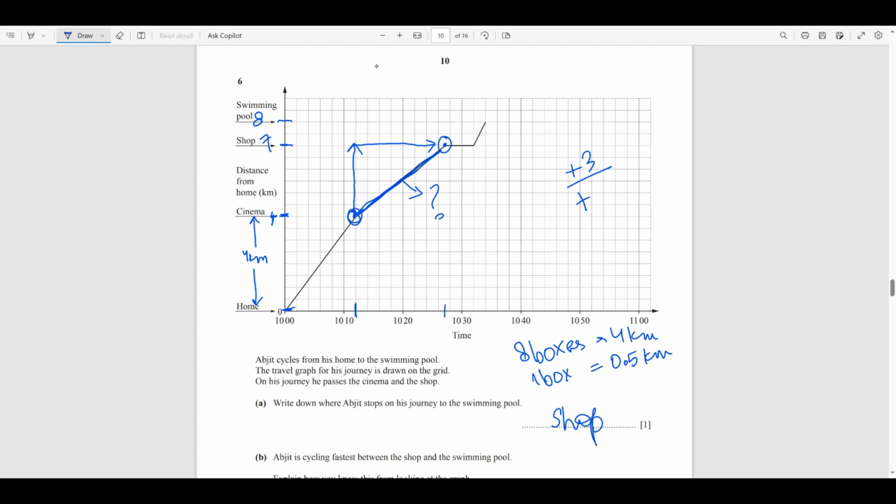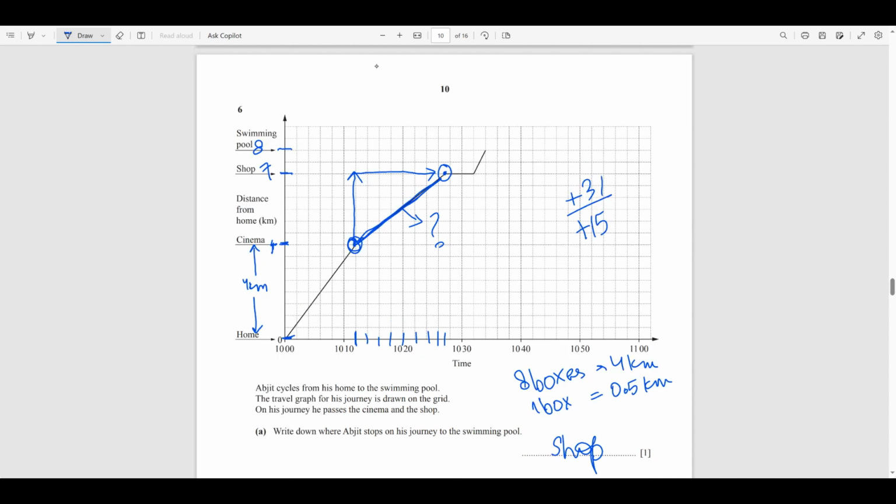So one block is 2 minutes, right? Because there are 5 boxes and 10 minutes. So one box is 2 units. So 2, 4, 6, 8, 10, 12, 14, and one half box, which is 15. Right? So basically it's 15 minutes.